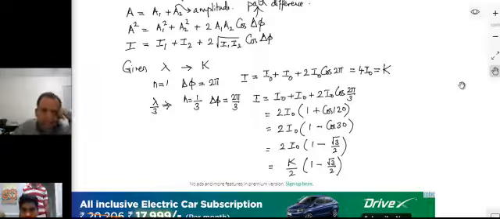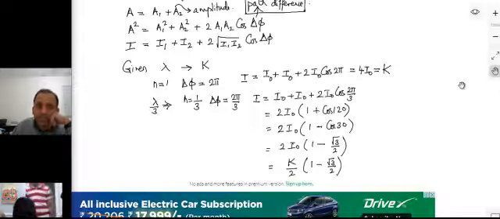So the idea here, which I didn't convey last time, is that intensity is related to these conditions through this path difference. There is the idea of path difference, which indeed is related to intensity via the amplitude.